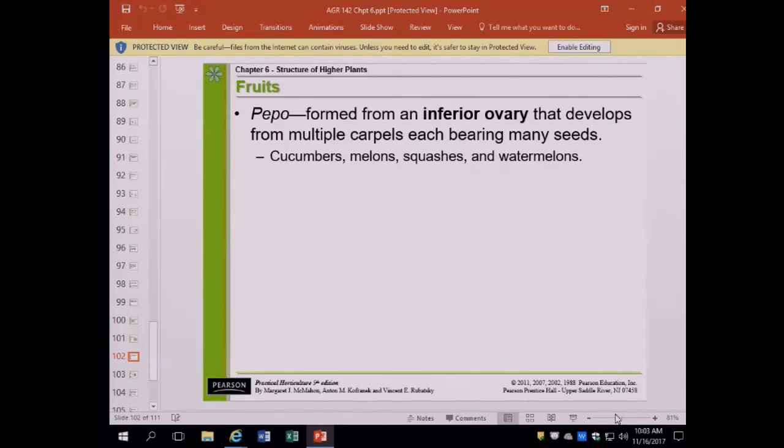Those are relatively easy for a plant breeder to work with because they can do cross pollinations and let that seed develop, and in 6 months that seed can mature, and they'll put it in a greenhouse and have another generation pretty quickly.